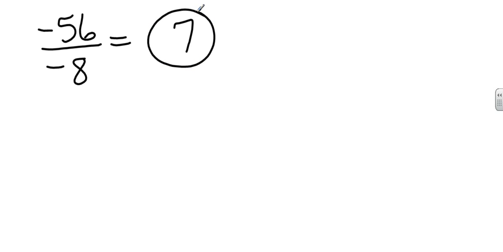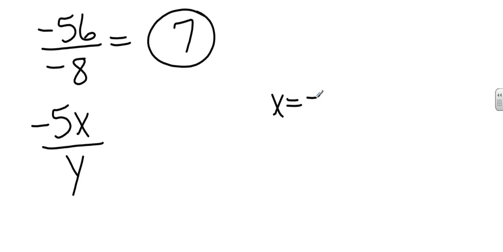Let's look at one of those. Let's look at negative 5x divided by y. Let's use the same values that we had before of x equals negative 6 and y, I believe, was negative 3.